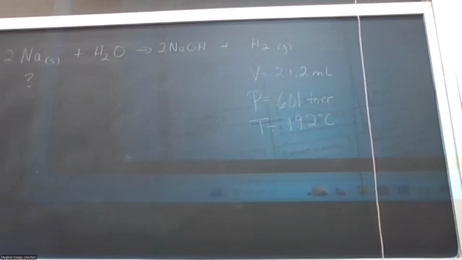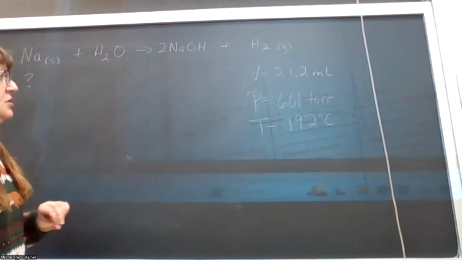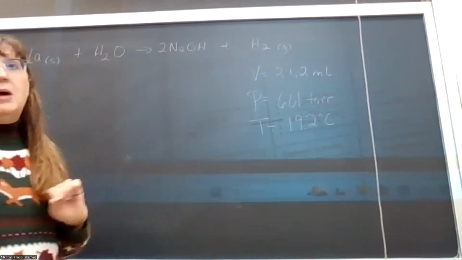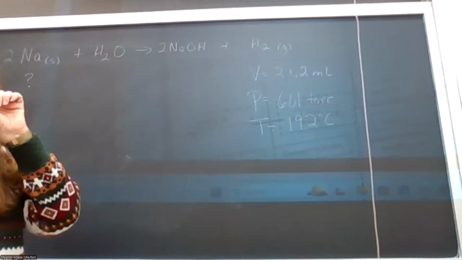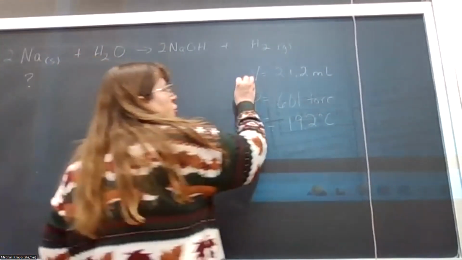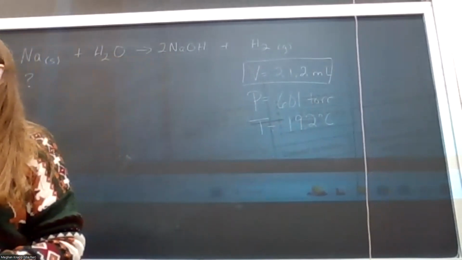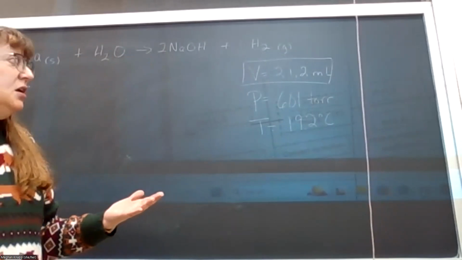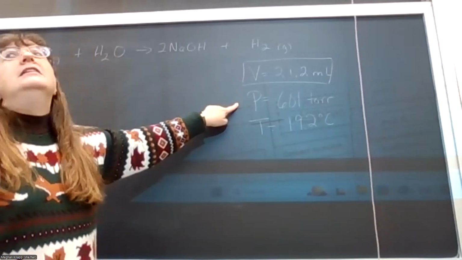So in this case, our known is the gas, and we always start with an amount. So of these numbers, which of these is the amount of gas? 21.2 milliliters. So we would start our stoichiometry with that. Now, because this is using the ideal gas law, do we need to change volume and pressure? Yes.